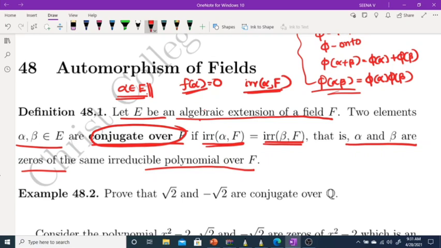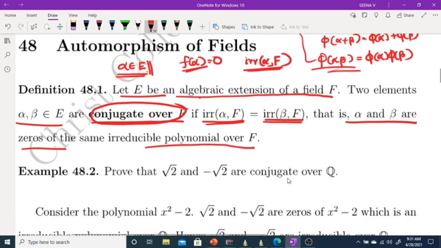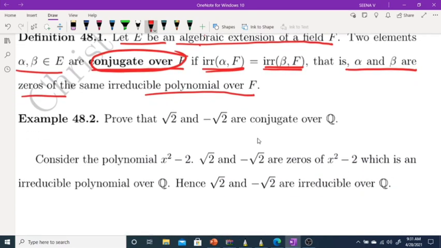Now moving to one example. Prove that root 2 and minus root 2 are conjugate over Q. Consider the polynomial x square minus 2. Clearly, root 2 square minus 2 equals 2 minus 2, which equals 0. So root 2 is a zero of this polynomial.